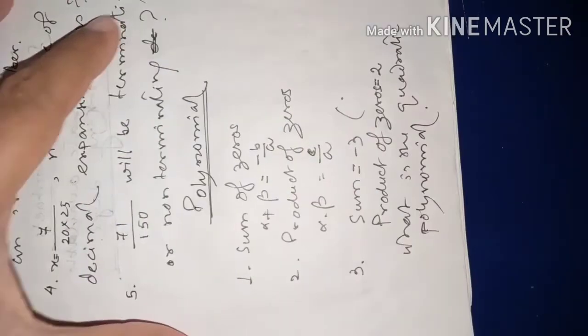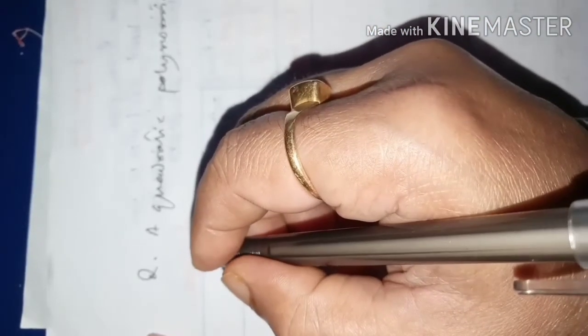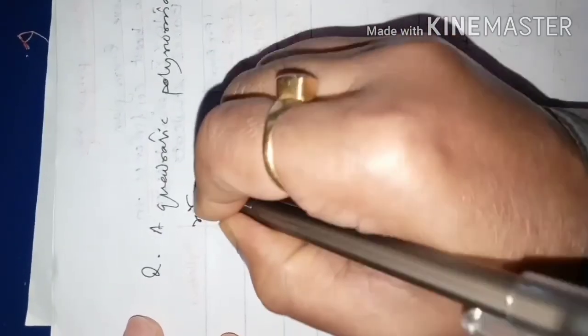Let us see some other questions again. You are given a quadratic polynomial x square minus twice x minus 8.